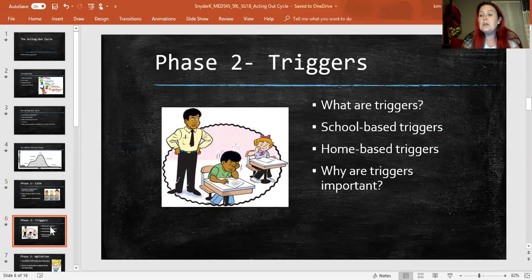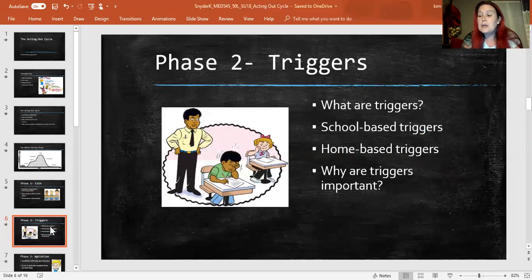Triggers is phase 2 of the acting out cycle. A trigger is whatever occurs prior to the behavior that causes the student to go from phase 1, which is calm, to phase 3, agitated.